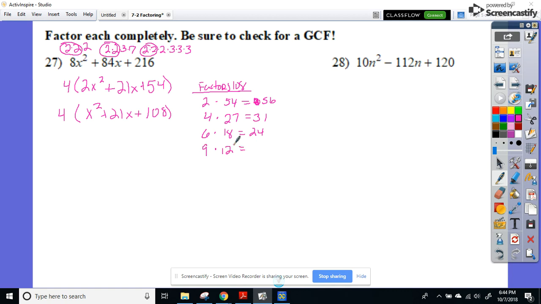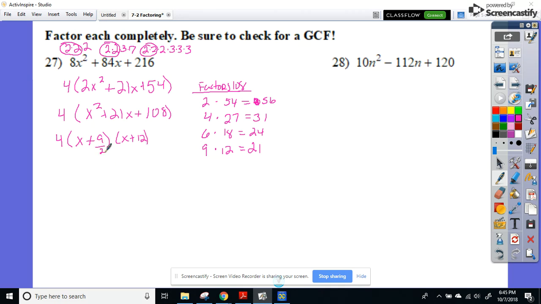And 9 plus 12 gives me 21. So 9 and 12 is the pair that I need. So x plus 9 times x plus 12.